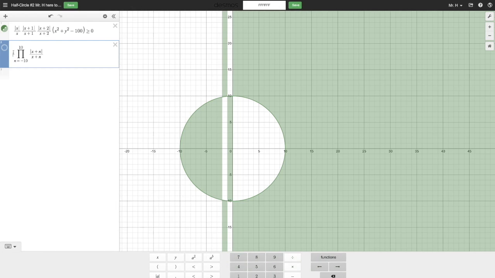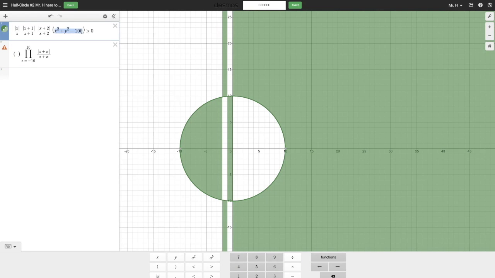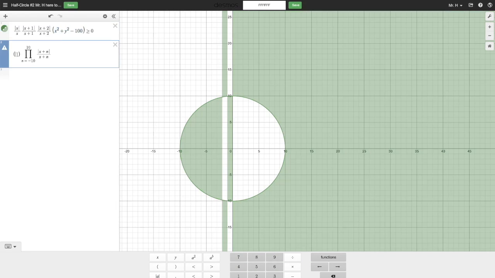Then we're also going to need, let's put out in the front, we can put our other expression here, and I'll just copy and paste this circle expression in here. Okay, great. Now I have this turned off currently, but what we want to do is, let's put a parentheses around our products as well, just to make sure that they all work out nicely.